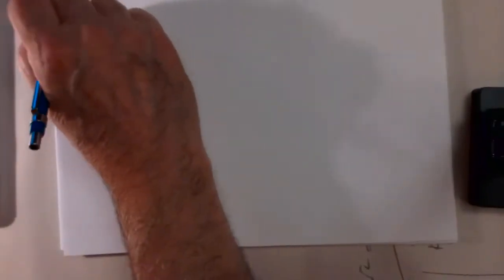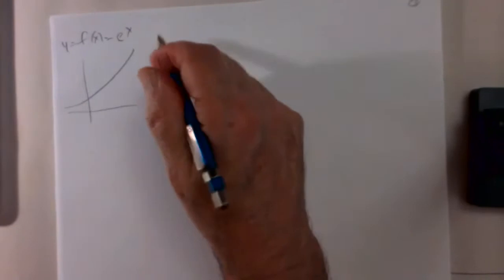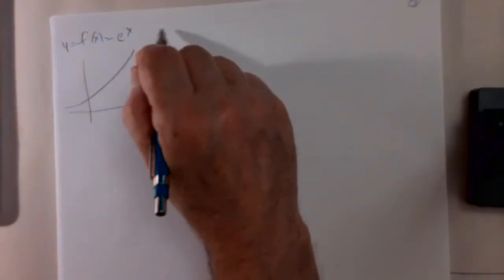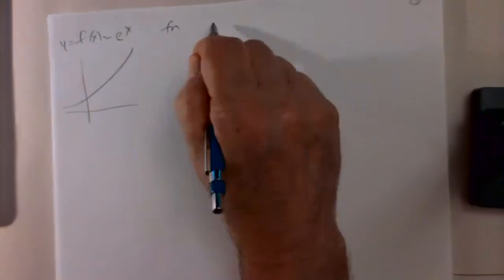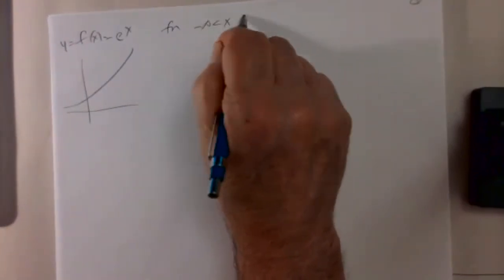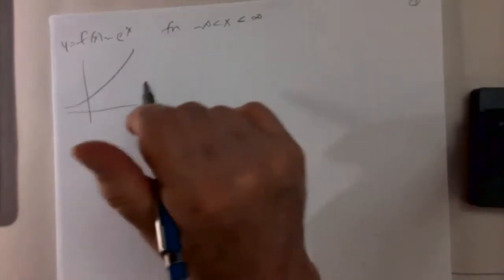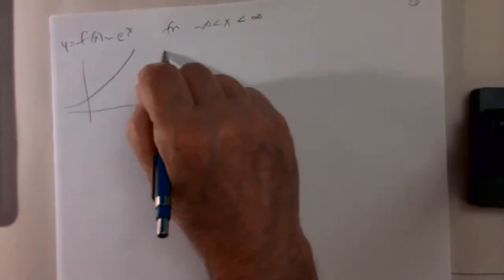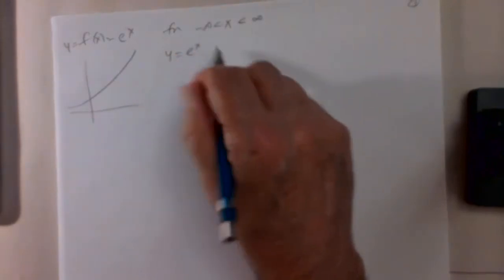What are some other examples that you know and love? Well, if you take the function y equals f of x equals e to the x, that's the exponential function. So this is for all x from minus infinity to plus infinity. And y equal e to the x, this is y between 0 and infinity.